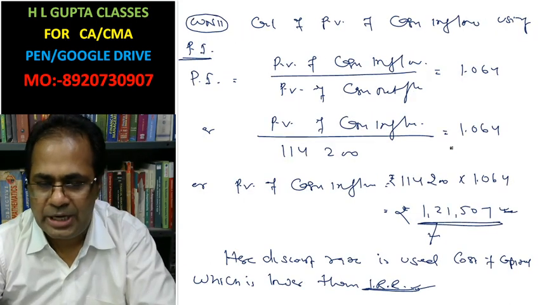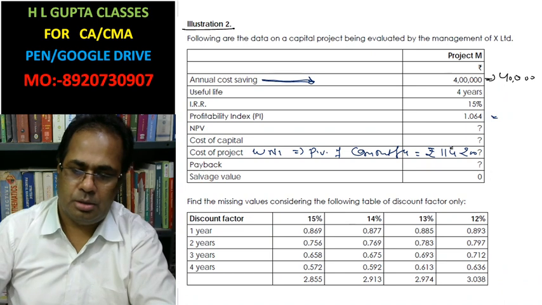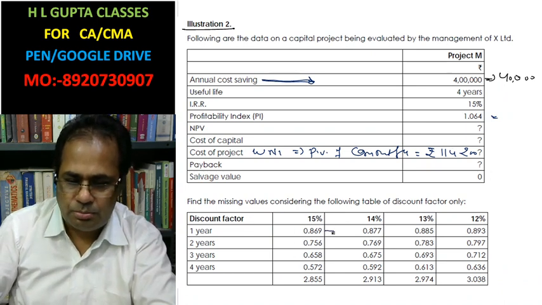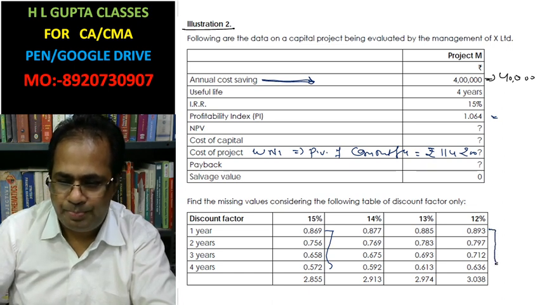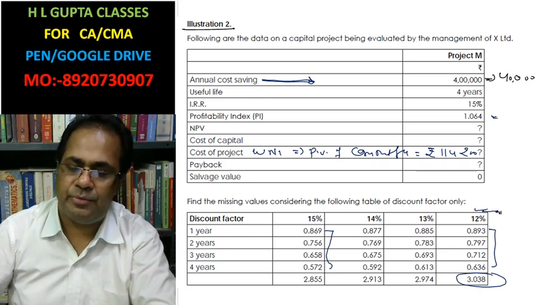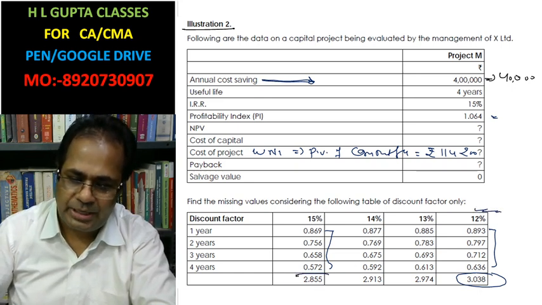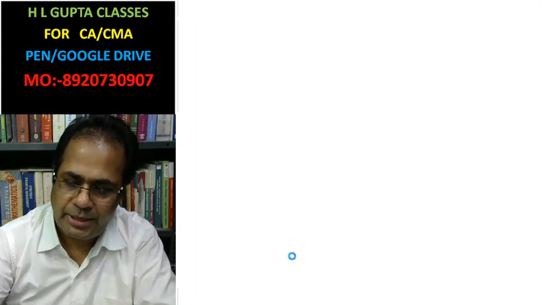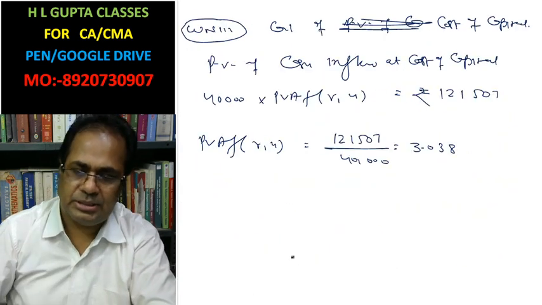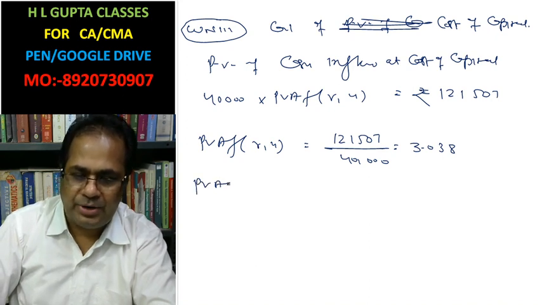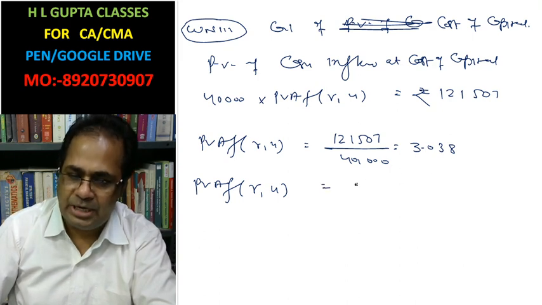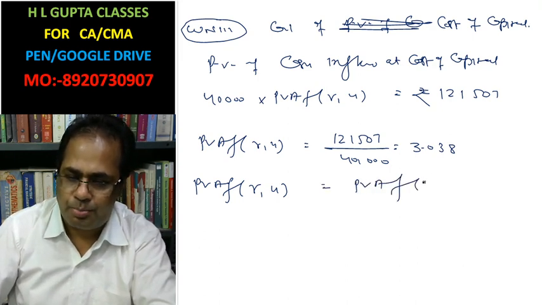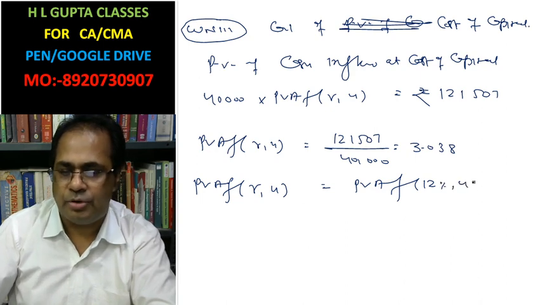And now you can see here, this is 2.885 and this is 3.038. This is 12% present value annuity factor, and this is 2.885, this is 15%. Here we can say that present value annuity factor, this R is the cost of capital. This is the present value annuity factor for 12% cost of capital, 4 years.